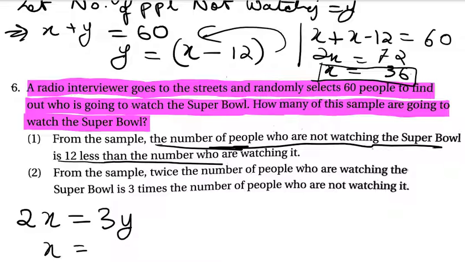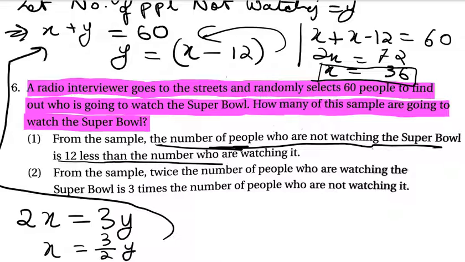So x is over here as 3 by 2y. Now let's plug in this back to this first equation. So x will be 3y by 2. So that will be 3y by 2 plus y is equal to 60. Rub off the extra things. Okay, that is a y.